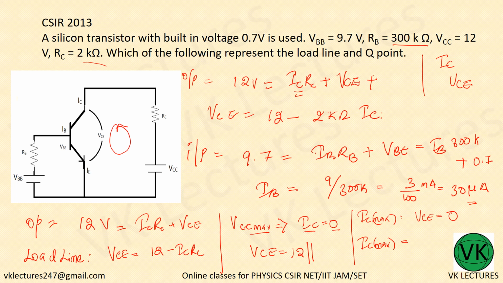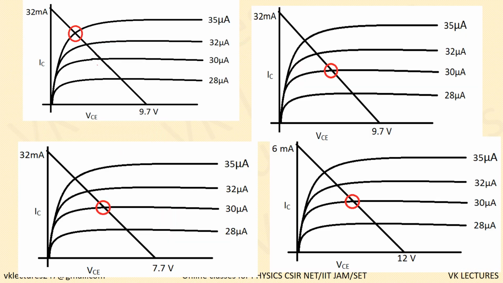You just put VCE equal to 0. So 12 volt equal to ICRC. RC we know. What is the value of RC? 2 kilo ohm. So 12 divided by 2 kilo ohm, that is nothing but 6 milliampere. So IC maximum equal to 6 milliampere and VCE equal to 12.